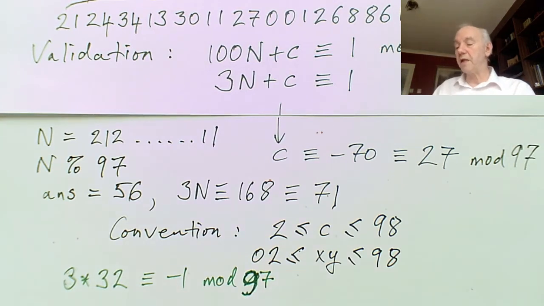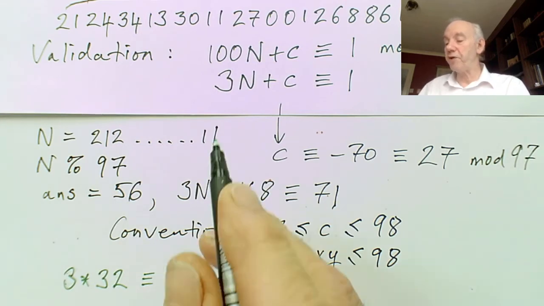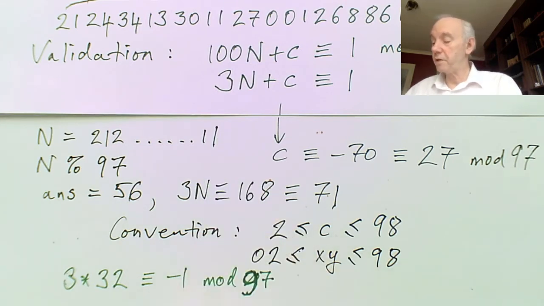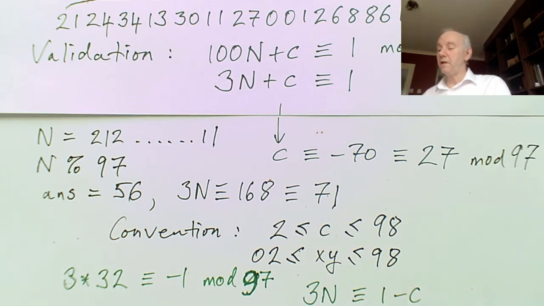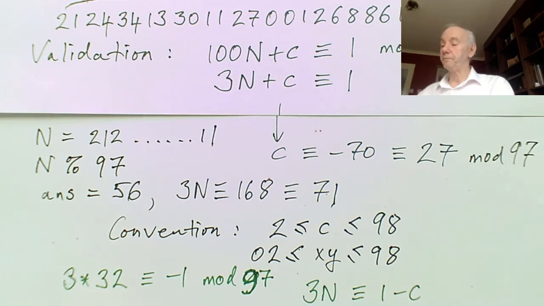So that means that in the equation, we have that 3n is congruent to 1 minus c. So in other words, we could therefore express n as being equivalent to minus, well, let's say 32 into c minus 1 mod 97.